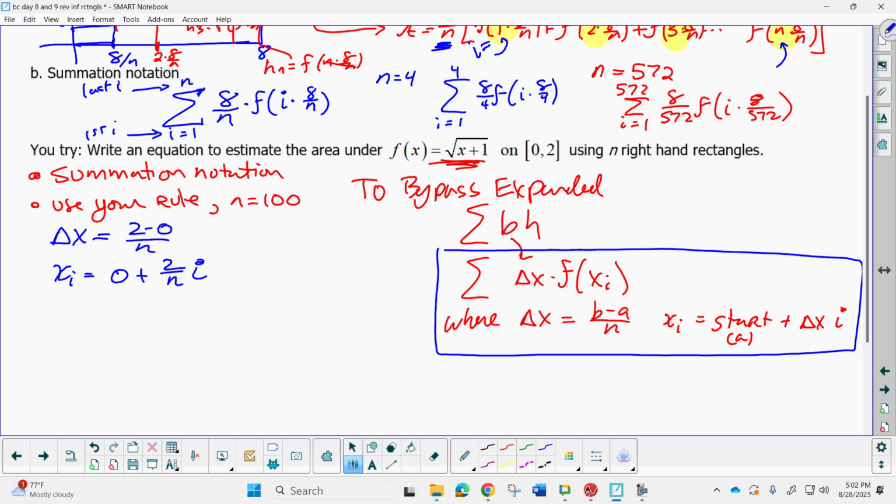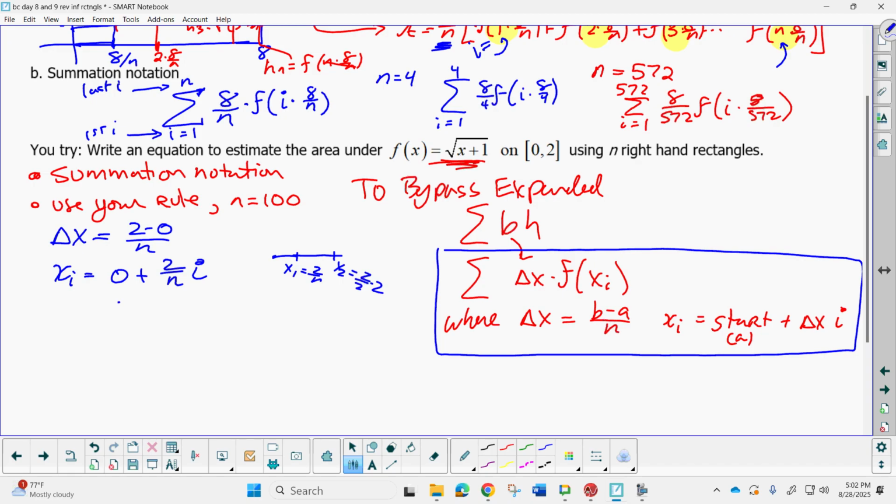Remember, that's the idea of starting at 0. The first x is 2 over n. The second x is 2 over n twice, and so on. The 0, I'll talk about in a minute. You might be thinking, why is that 0 there? Why even include it? I'll explain in the next 2 slides over.